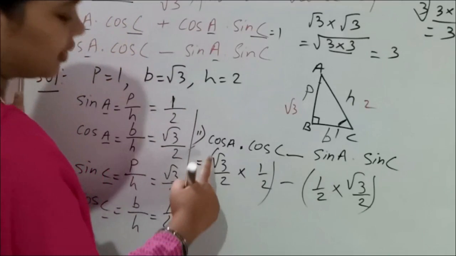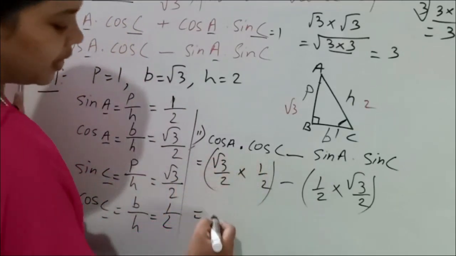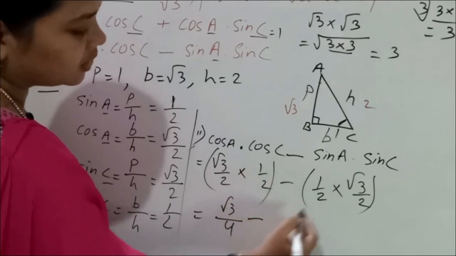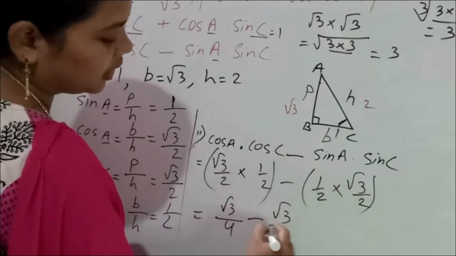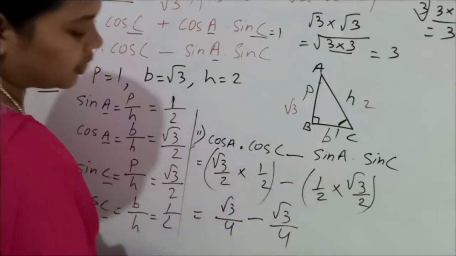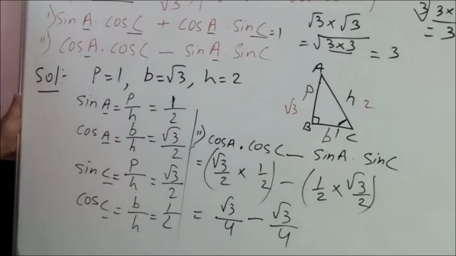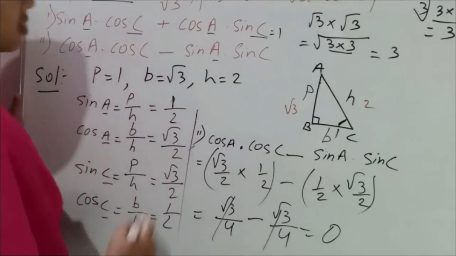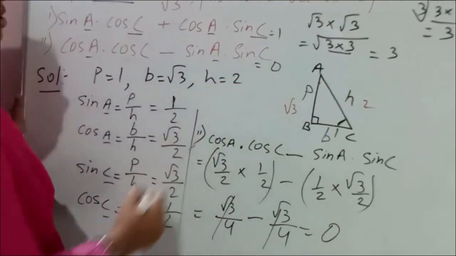Multiply: root 3 into 1 is root 3, 2 into 2 is 4, minus 1 into root 3, 2 into 2 is 4. So root 3 by 4 minus root 3 by 4 cancels, and the value is 0. So the second answer is 0.